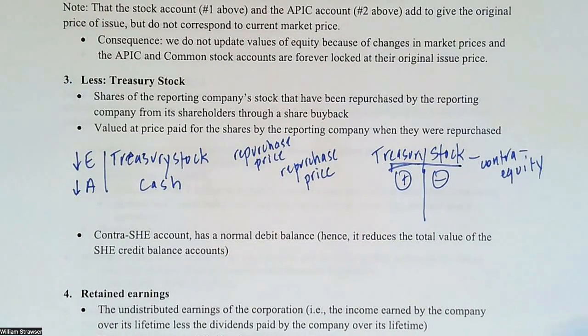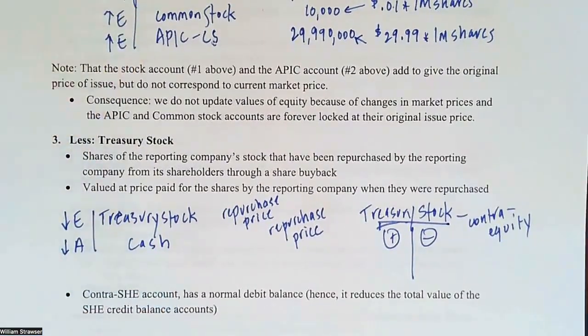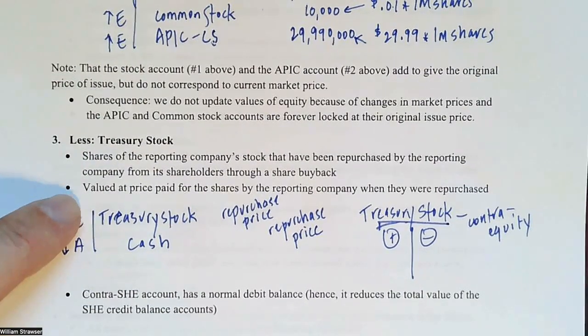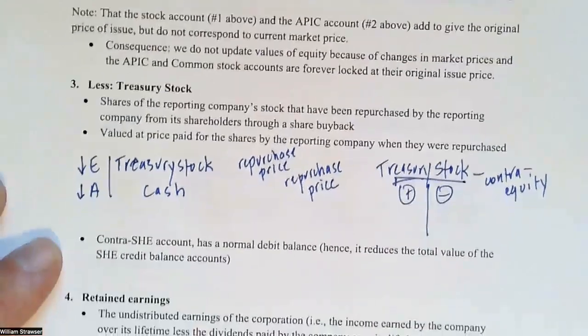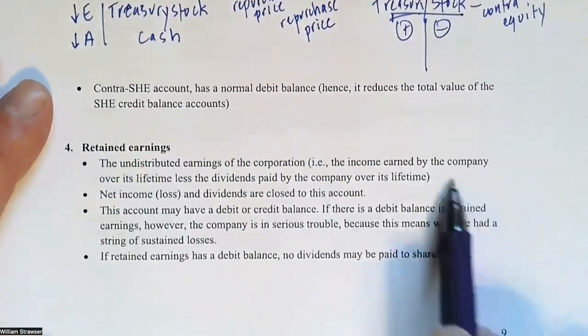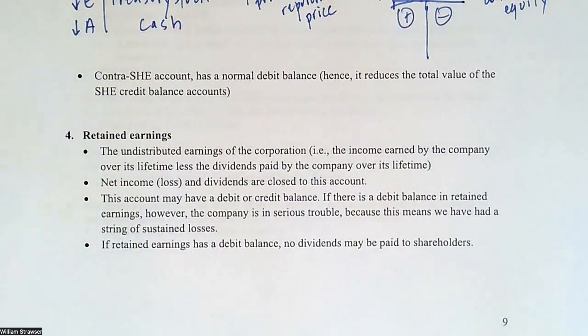So rather than reducing equity by debiting common stock, we reduce it by debiting treasury stock because it's my contra equity account.